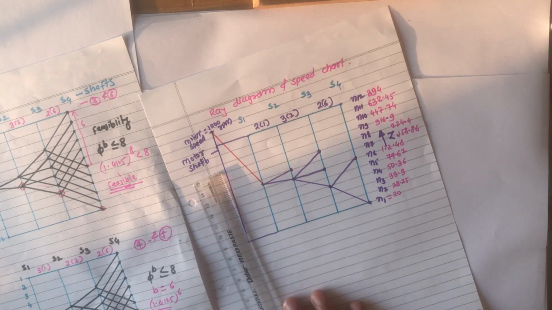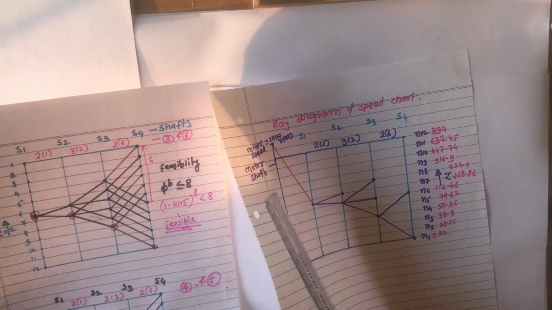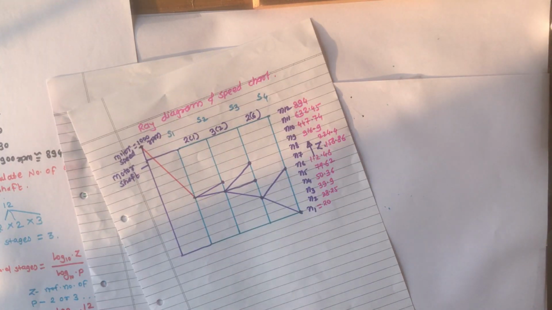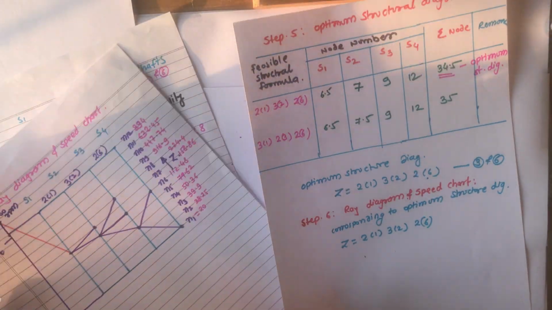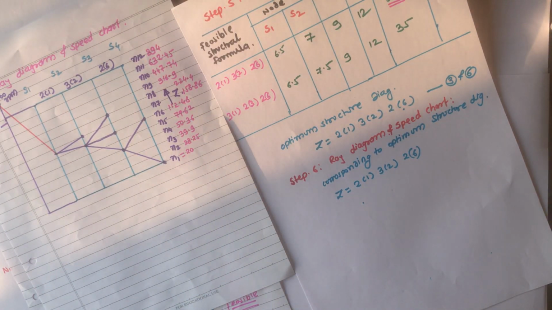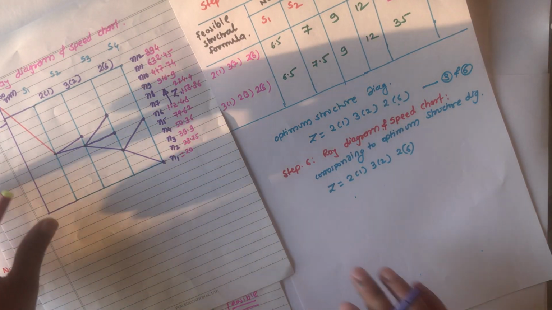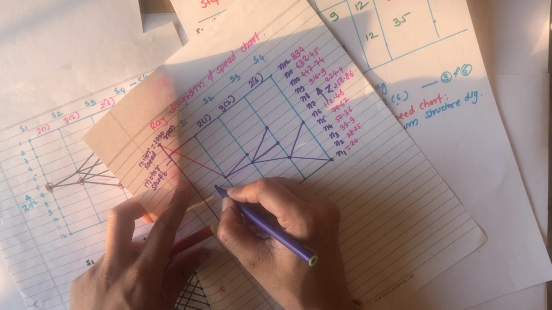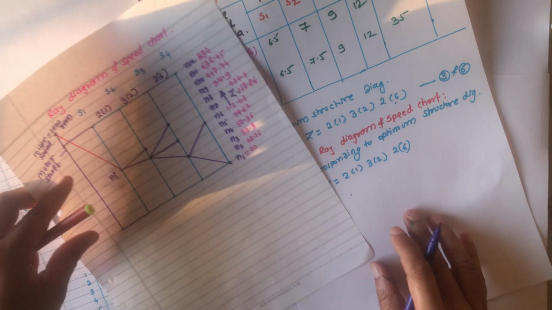Now next step. So we draw the ray diagram. This is your ray diagram. Now next is you have to calculate the speed of this rpm, ni.